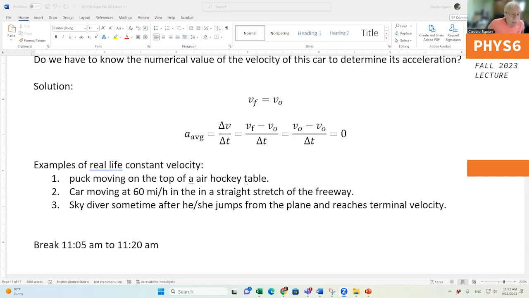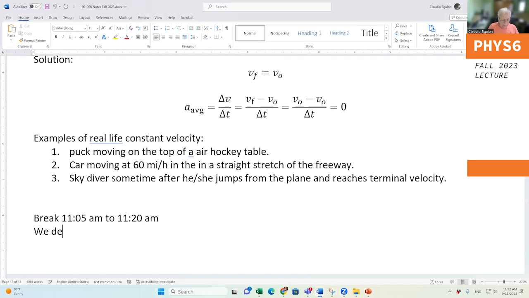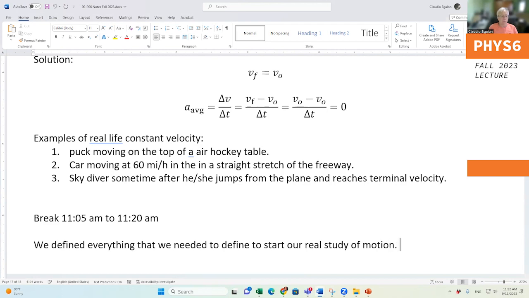Okay, I'm back here. Now we defined everything that we needed to define to start our real study of motion.